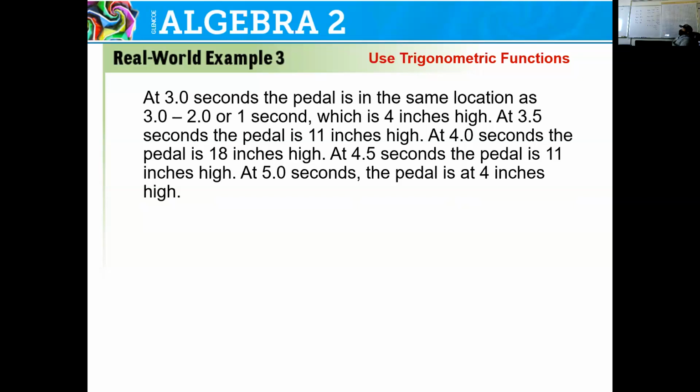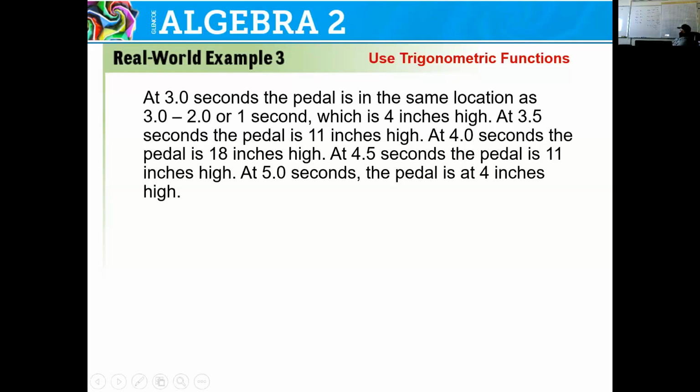At 4 seconds, the pedal is 18 inches high because that completes our first full cycle. At 4.5 seconds, the pedal is 11 inches high, which is equivalent to 0.5 seconds. And then at 5 seconds, it's 4 inches high, our low point, which is where it was at 1 second.